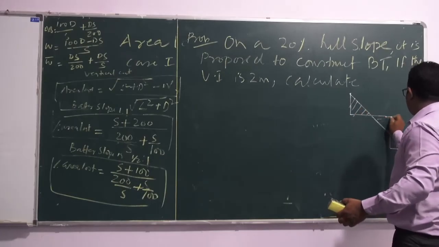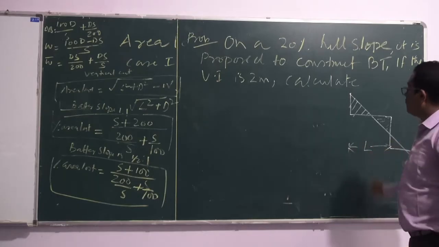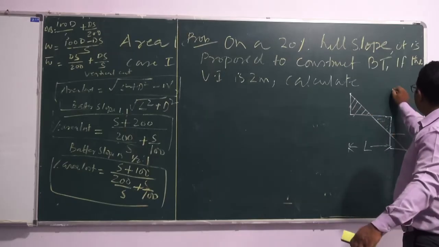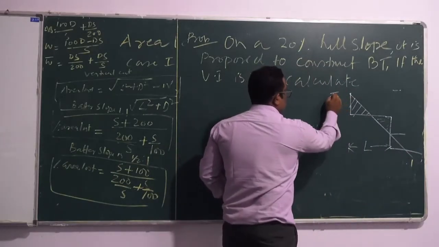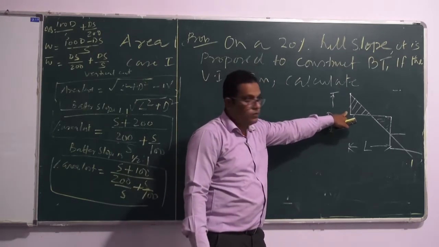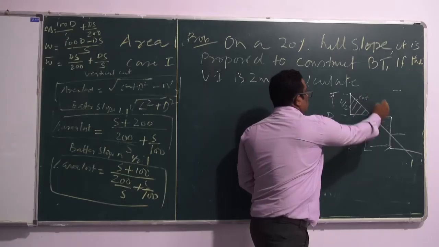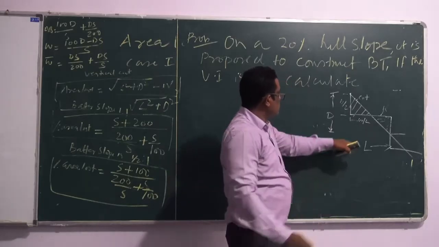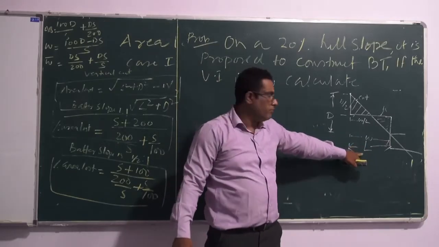This is your cut, this is your fill, and this is your L or width, and this is your total vertical interval, that is D. This will be D by 2, this is the depth of cut, and this is going to be your W by 2, since this is W, and the entire width will be the length of your bund.